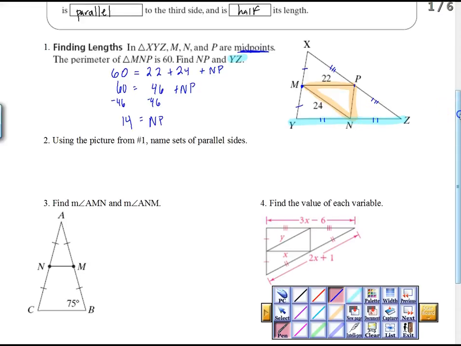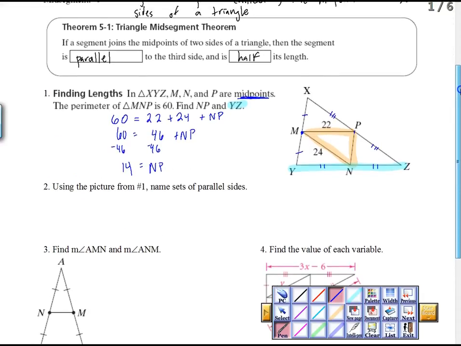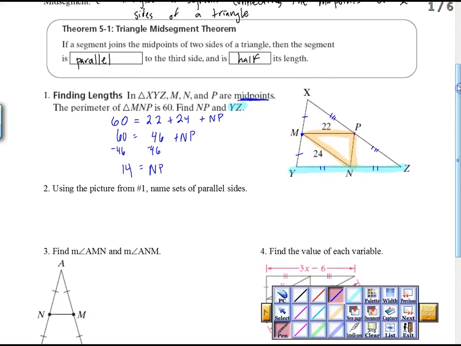We just learned that if a segment joins two midpoints, then it is parallel to the third side and half its length. So looking at here, since M and P are midpoints, then the side MP is parallel to YZ, and it's half the length.